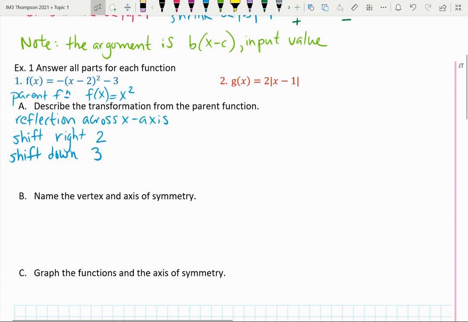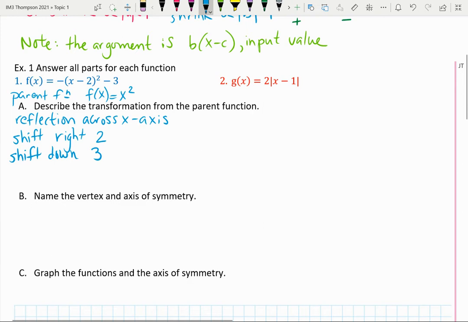B, name the vertex and axis of symmetry. We're going to get to the graphing below, but if I kind of just map this out in my mind a little bit, for a parent function, my vertex is at (0, 0).